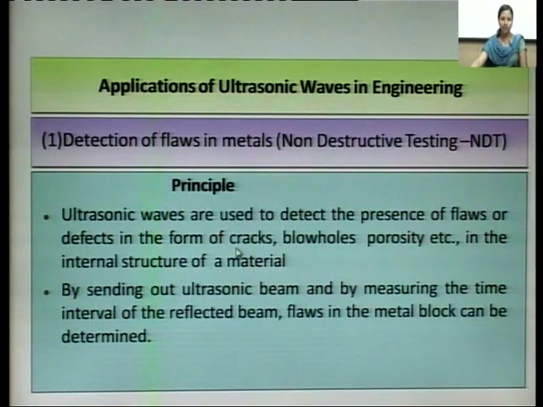If there is a crack in the material, we can easily detect it with the help of ultrasonic waves. How can we detect it? By sending out ultrasonic waves and measuring the time interval of the reflected beam. If the ultrasonic wave is reflected back, there is some flaw or defect in the metal.